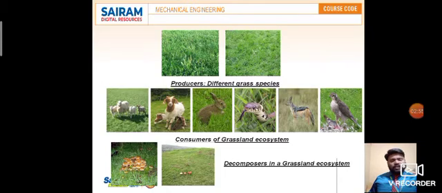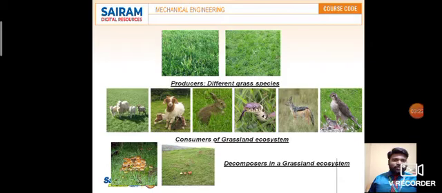There can be different consumers if you go beyond this grassland, which hunt, or depend on other animals too. Those are called consumers of the ecosystem. Particularly if you talk about this grassland, these are the creatures that come into the picture. In the same way, for the grassland ecosystem, these are the decomposers.